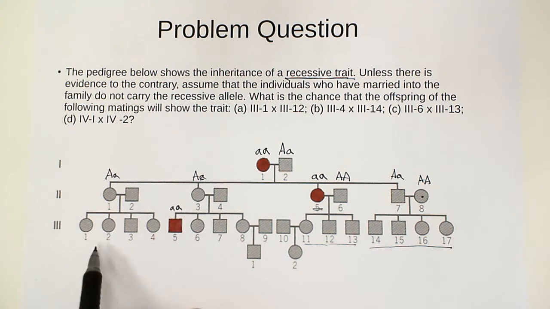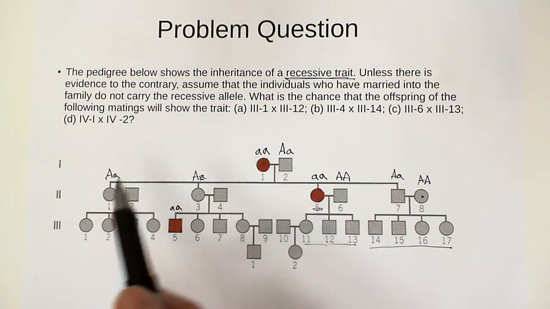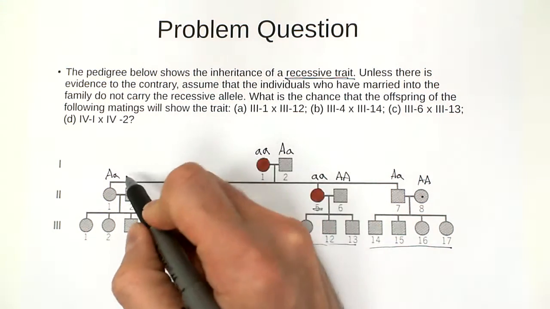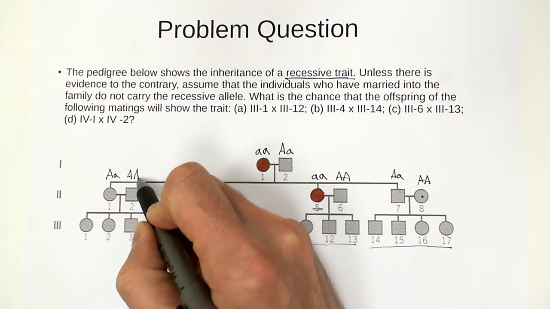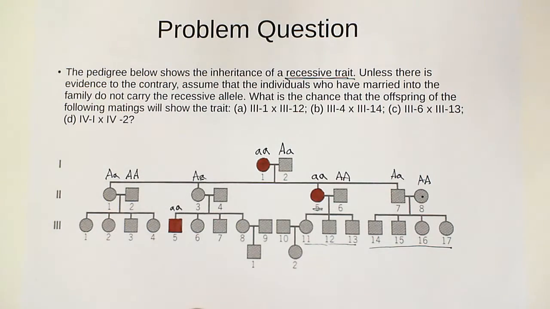None of their children, though, are showing the trait, so we're going to assume that individual 2-2 is going to be capital A, based on the statement that we have in the question. And that's actually a very general, commonly used rule of thumb that we tend to use in genetics.